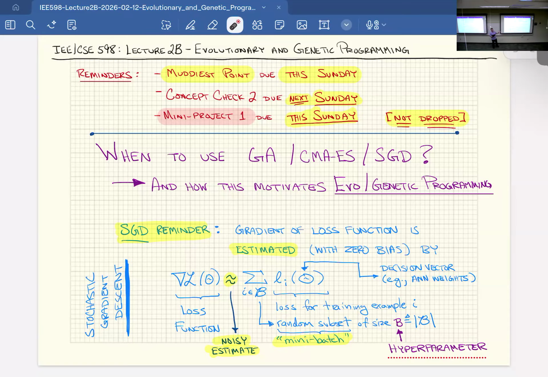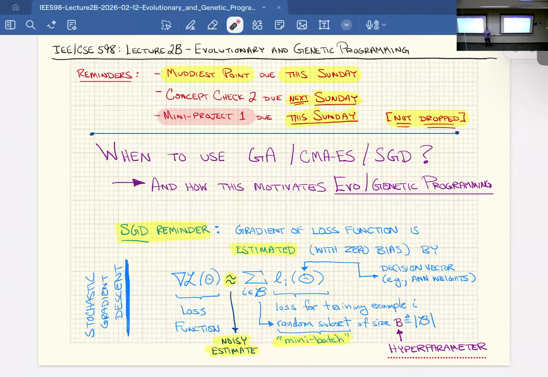And the stochastic part comes into play in cases like neural networks. The loss function that you've constructed to minimize is actually going to be based on training data. You've got a bunch of training examples, and those examples have, for a given input, a desired output.